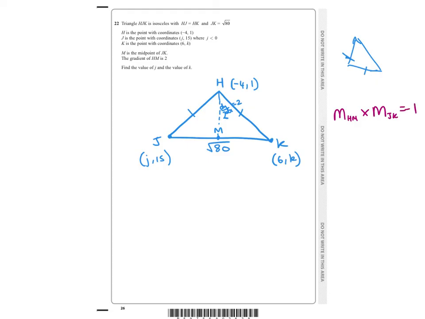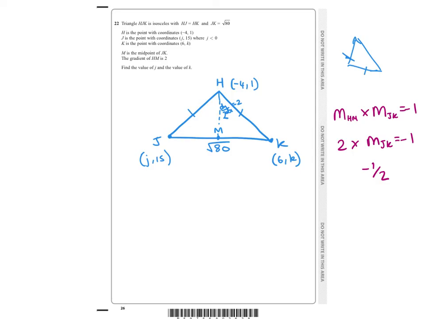Now this is because it's an isosceles triangle, and M is the midpoint. So 2 times the gradient of JK is minus 1. So the gradient of JK must be minus a half.